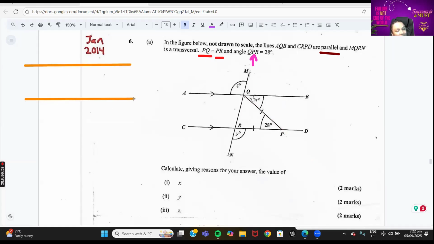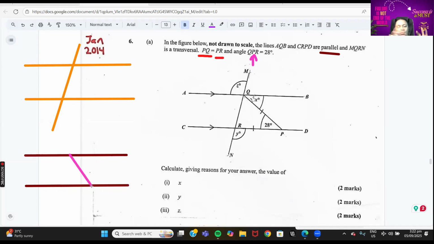Because some of you, if you look at it like this, you'll be like, this thing is hurting my head. I don't know what to do. I am confused as ever. However, if you draw the parallel lines separately as a sketch and you put each of the transversals in a separate pair of the parallel lines, you'll see how easier it's going to become.